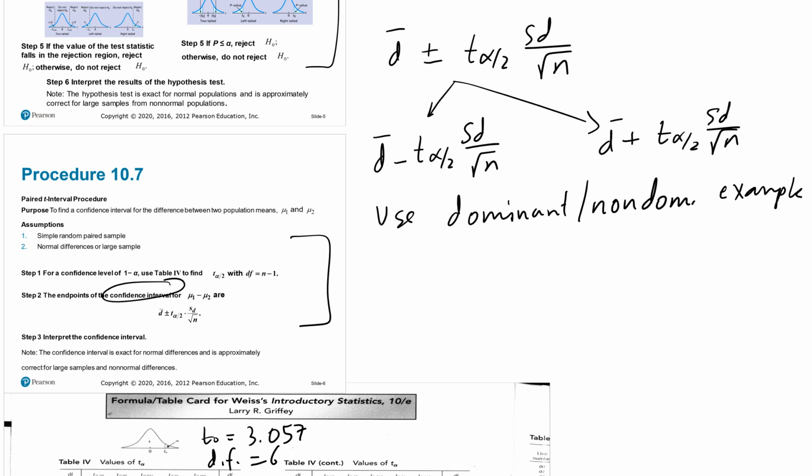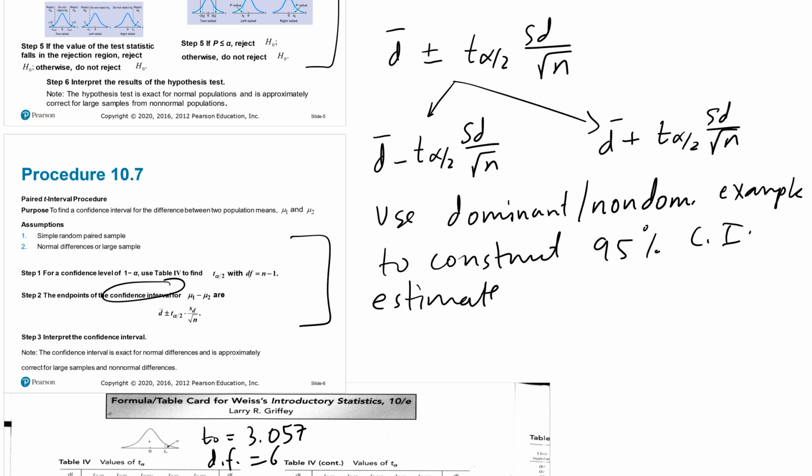Use the dominant non-dominant example to construct a 95% confidence interval estimate of the mean difference mu sub d. So what do we need to know here?